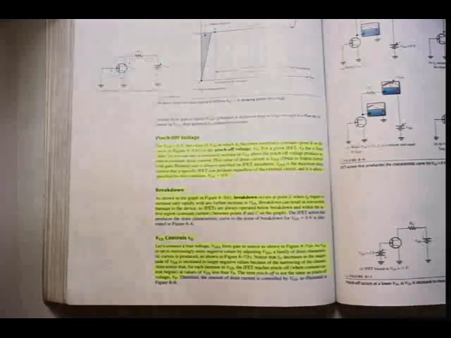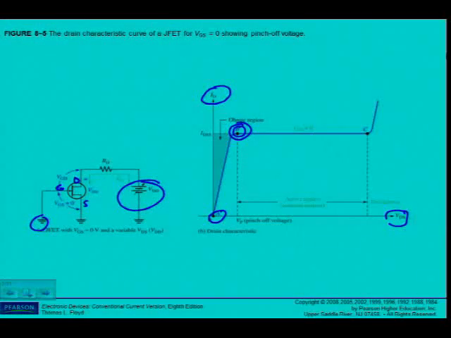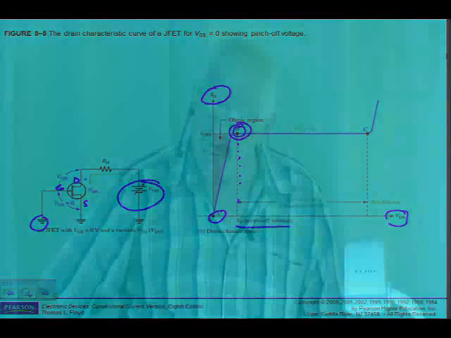You can see it here on that curve. Here's point B, and you can see where this broken line is VP, the pinch off voltage. I will explain more about the pinch off voltage as we go along.